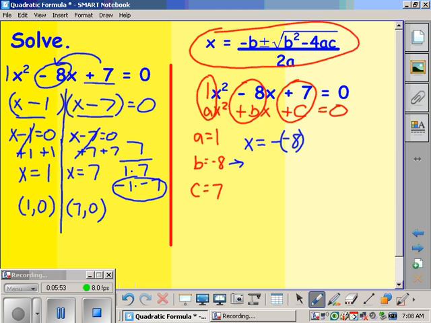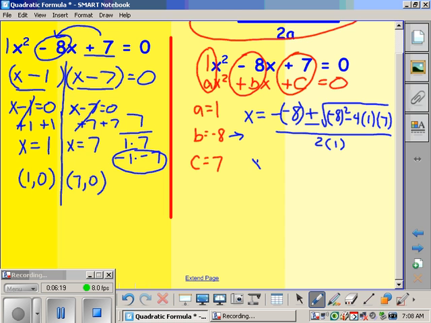So negative b, so -8, plus or minus the square root of b squared, so (-8) squared. Always put your negative numbers that you're squaring in parentheses, minus 4, which is part of the formula, times a, or 1, times c, which is 7, all divided by 2a. So 2 times 1.